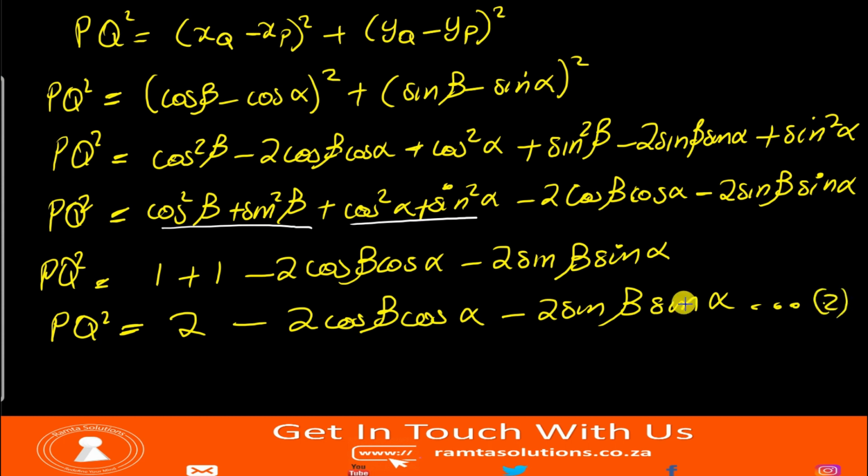However, there was no need for me to call it equation 2 because I could see from the previous that this was PQ square. Right? From equation 1, this was PQ square. So in other words, PQ square of equation 1 is equal to, of course, PQ square of equation 2.